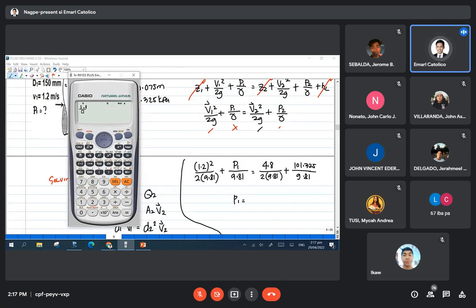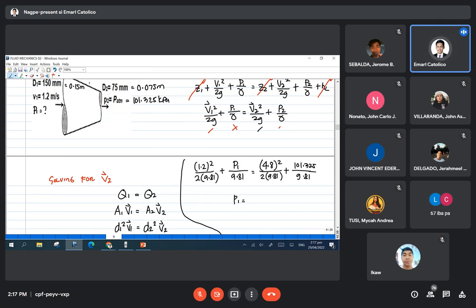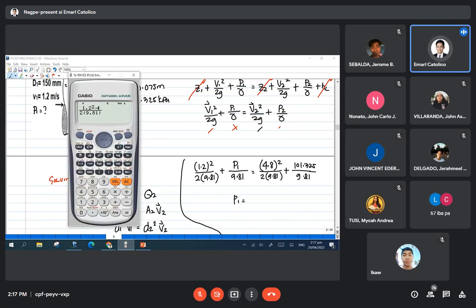So, magiging 1.2 squared over 2 times 9.81. So, yung 1.2 squared i-minus mo na sa 4.8 squared. Same lang naman siya ng denominator. Then plus alpha x over 9.81. So yung alpha x, yung P1, i-minus mo ng 101.325. Then equate mo sa 0 para mabilis.